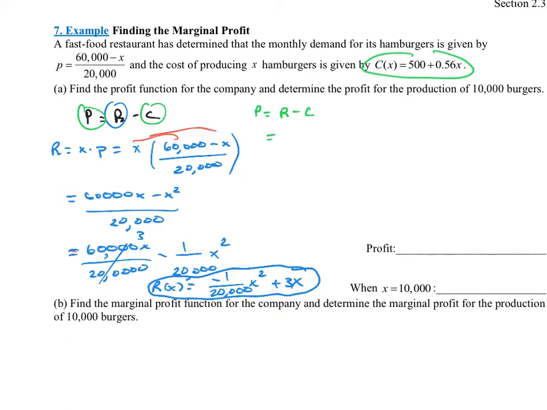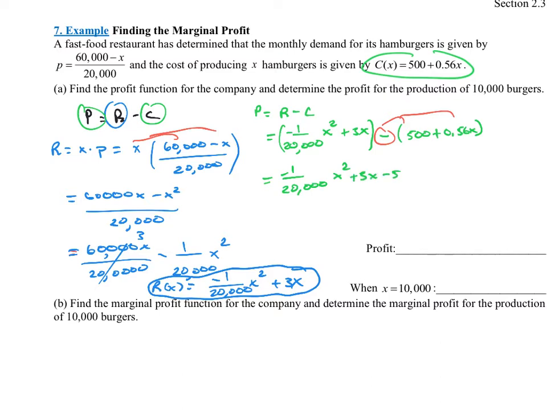Well, we have revenue. That's negative 1 over 20,000 times X squared plus 3X. And now I'm going to subtract off my cost function, that cost function being 500 plus 0.56X. Go ahead and distribute the negative here. That would be negative 1 over 20,000 X squared plus 3X minus 500 minus 0.56X.